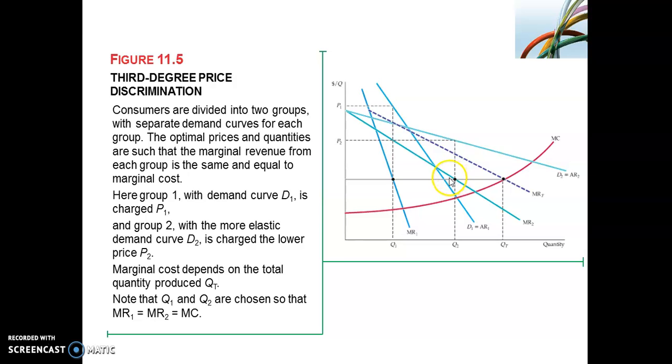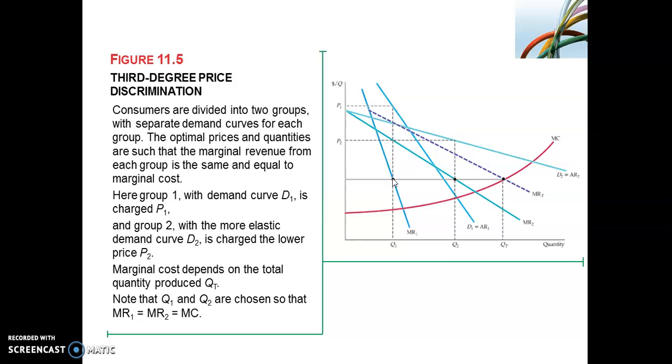And if we trace this further back in a horizontal line to marginal revenue for group 1, it is going to represent the output for group 1. So hence we get Q1 and Q2 because at that point marginal cost is equal to the marginal revenue for group 2 and for group 1.